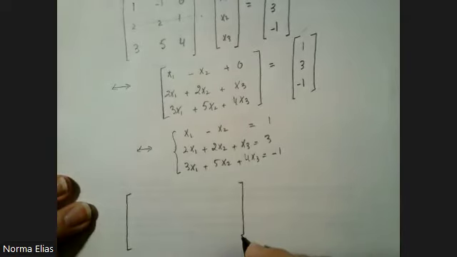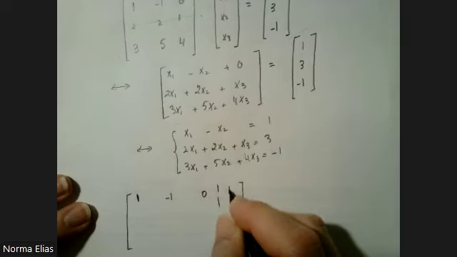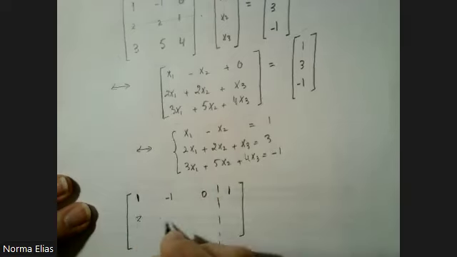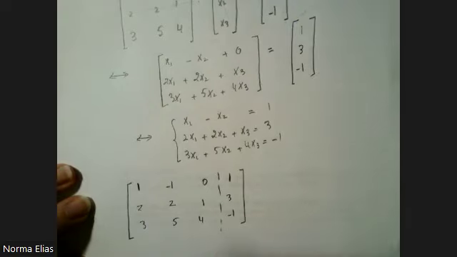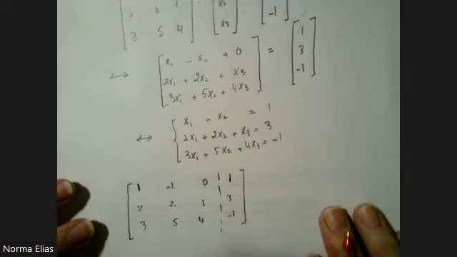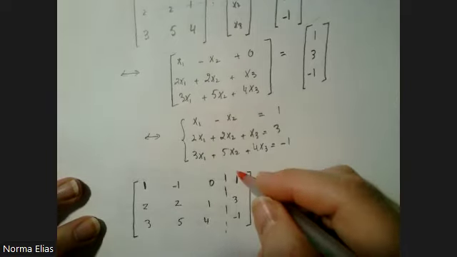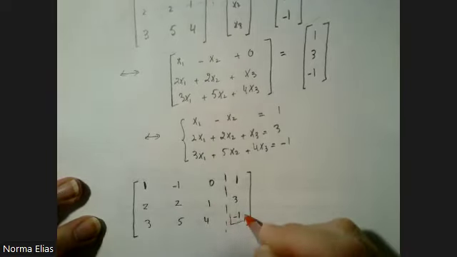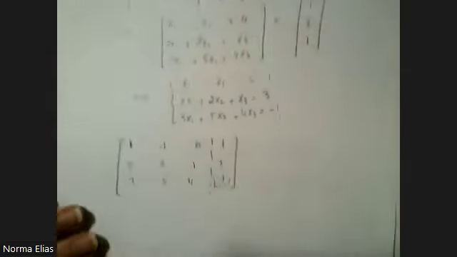So now we just have to solve the system. We set it up and we look at it: 1, minus 1, 0, 1, 2, 2, 1, 3, 3, 5, 4, minus 1. And now, what is the augmented matrix? 1, 3, minus 1 is nothing more than the vector B that we are after.